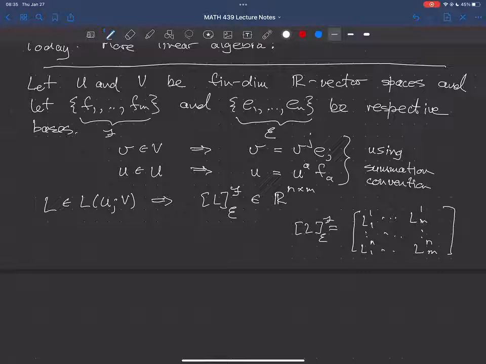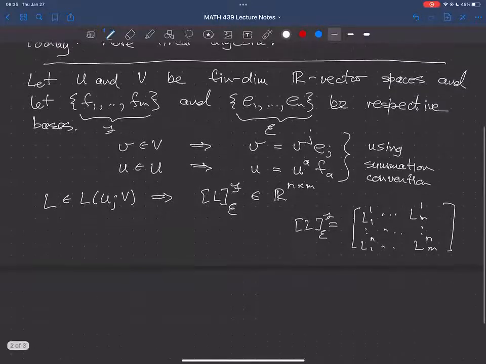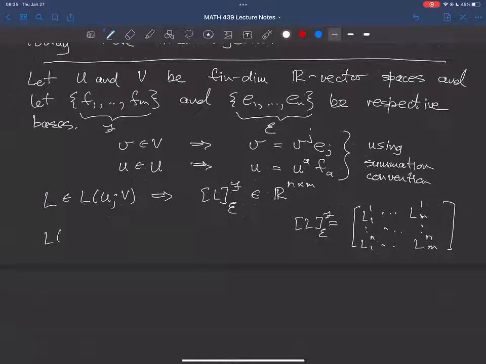Okay. All right, and the definition of this matrix L is that if I take L and I apply it to a basis vector F_A, this is going to be L_A^J E_J.